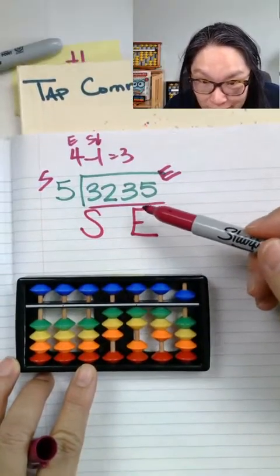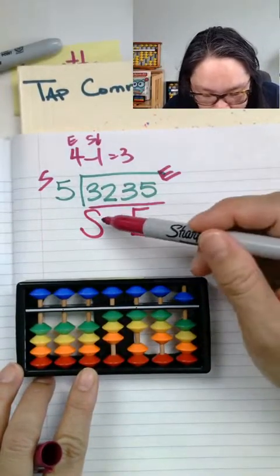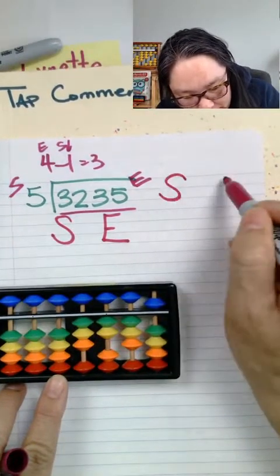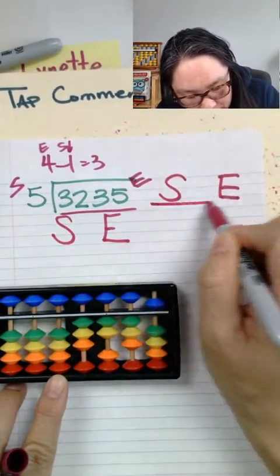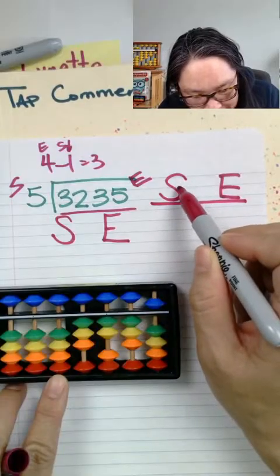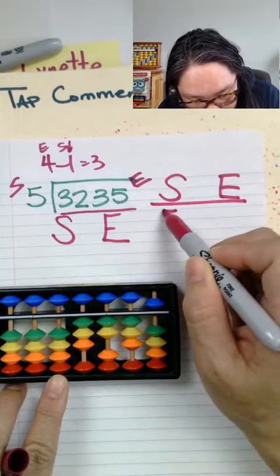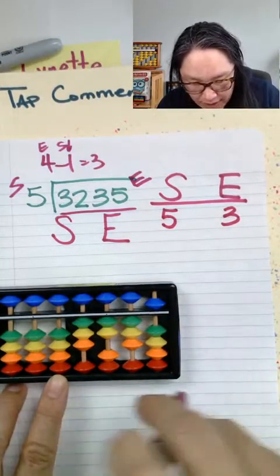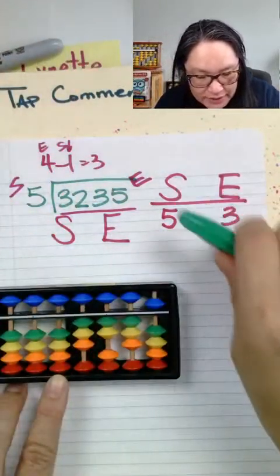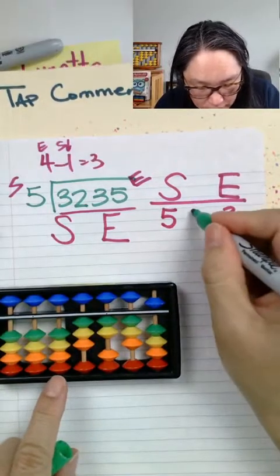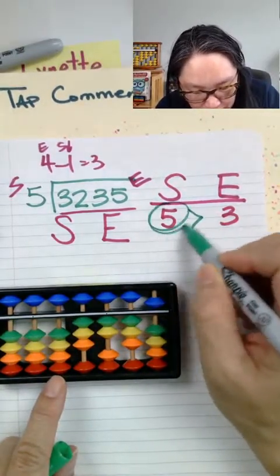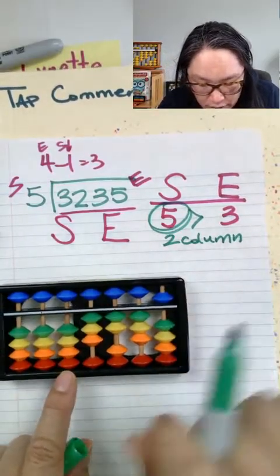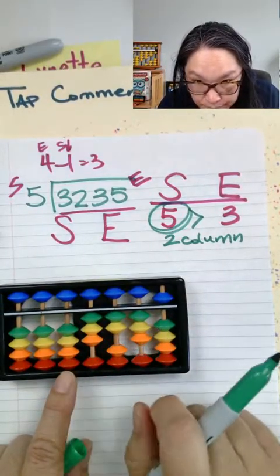Who is bigger? My divisor is 5. My dividend is 3. My divisor is bigger. If my divisor is bigger, then I take 2 columns. So I use these 2 columns and I put my finger here.